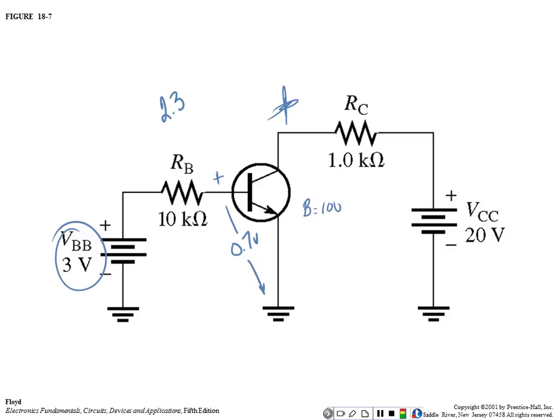Kirchhoff's voltage law says, so I have a series circuit right there. Kirchhoff's voltage law says the sum of the voltages in a series loop has to equal the applied voltage. I know my diode is forward biased. How do I know it's forward biased? Because the P is pointing toward the P, and the N is pointing toward the N of the source. So I know it's forward biased. If it's silicon, I know it's going to drop 0.7 of a volt. So I got 3 volts applied.